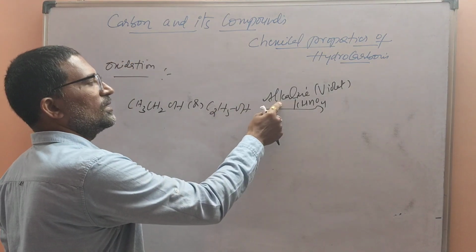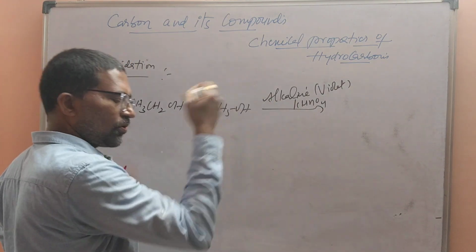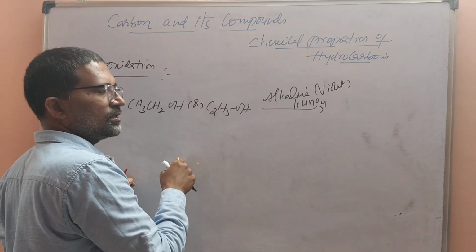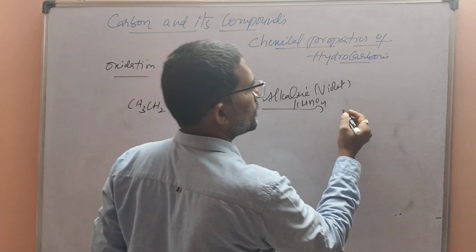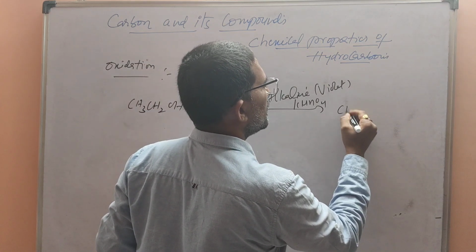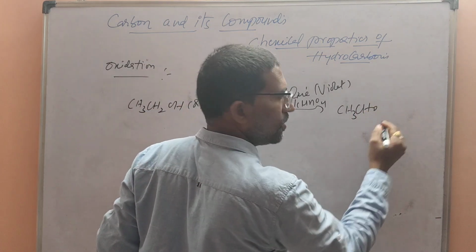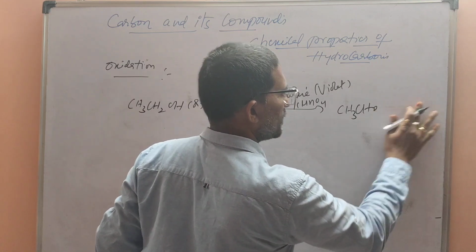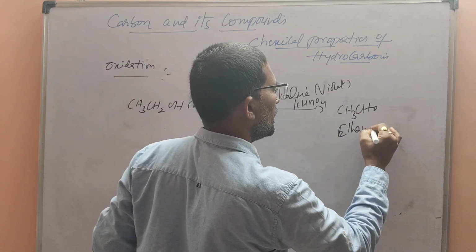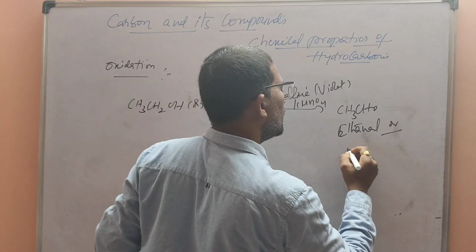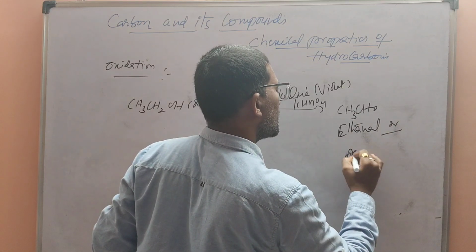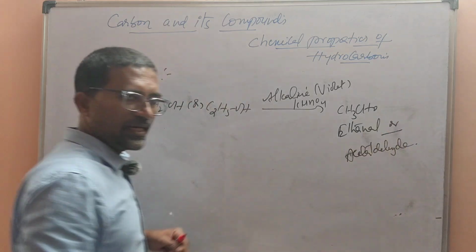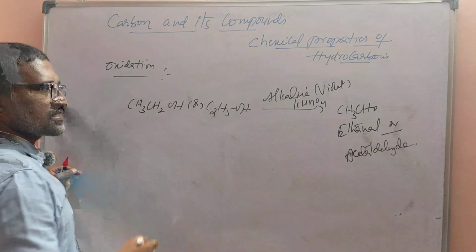When you add alkaline KMnO4 drop by drop to ethanol kept in a water bath, it is going to convert into CH3CHO, ethanal or acetaldehyde. I hope you understood.